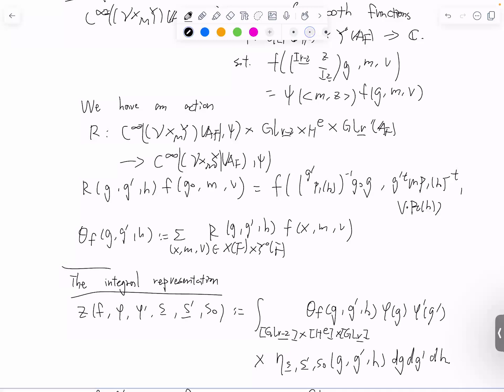But the only two cases of tensor product functoriality known are GL2 cross GL2 to GL4 and GL2 cross GL3 to GL6. That's all. So if you have GL2 cross GL2 cross GL3, then you don't have functoriality.